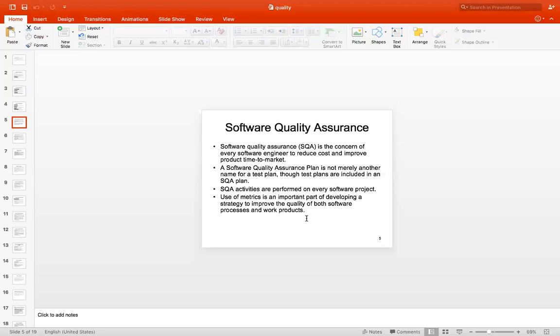How can we assure the quality of software? Any software engineer who is involved in the project has to keep in mind that he has to complete the project within the given budget, deliver the project to the customer within the given time, and deliver the project according to the quality the customer is expecting. He cannot do the project just as he wishes. He has to do the project according to the customer expectations or the customer requirements.